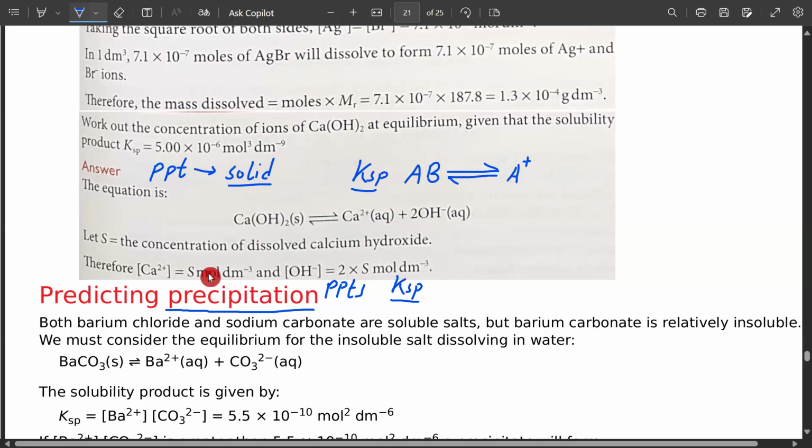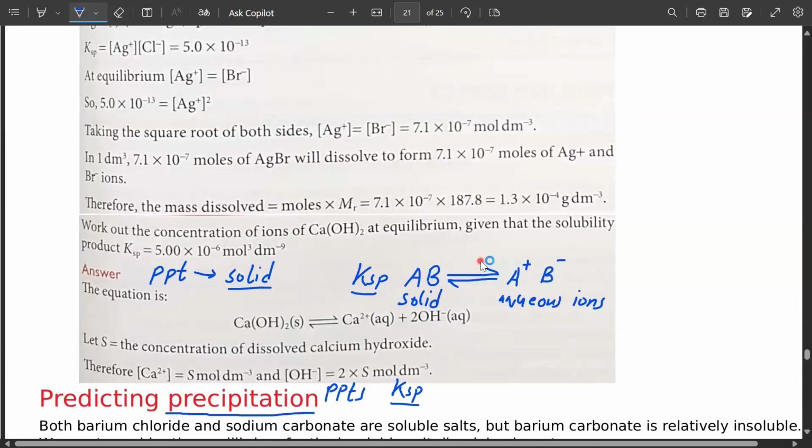So if A is a positive ion and B is a negative ion, Ksp indicates that we have the equilibrium between its solid form and its aqueous ions. There is an equilibrium between these two.